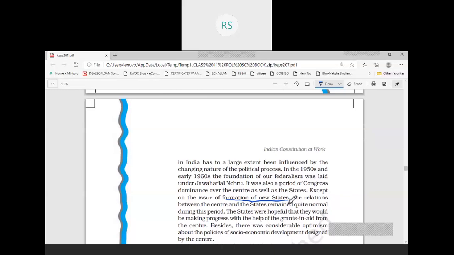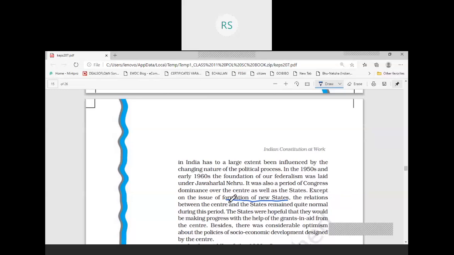There were so many movements, and then the central government had to reorganize the states on the basis of language. So that was the only problem during the period of the 1950s and 60s. Other than this formation of new states, there was no problem.